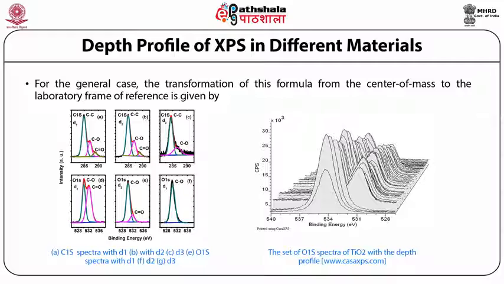In figure 6, D, E and F, the peak at binding energy of 530.1 electron volt is assigned to the O1s core level of the oxygen for all the structures. At the surface of graphene oxide, a hump is observed at binding energy of 532.3 electron volt, indicating the presence of C-O bonding.